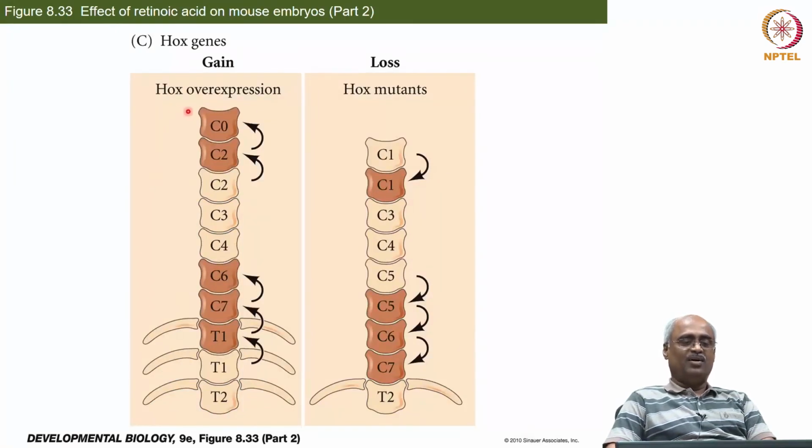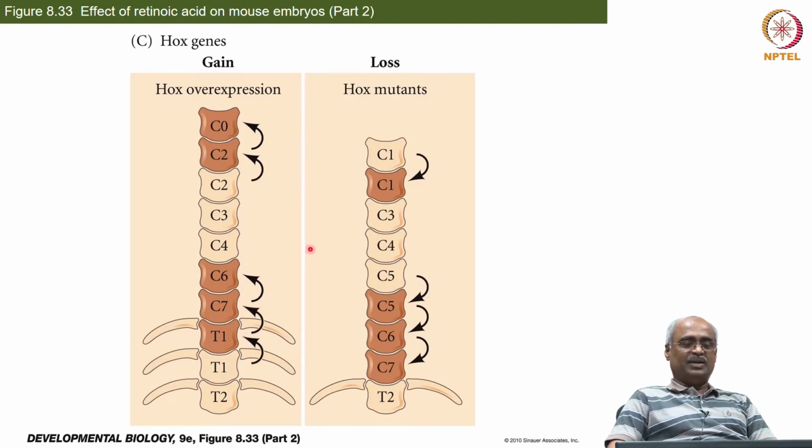So here Hox gene overexpression shifts anteriorly, and Hox gene mutations shift posteriorly, because I told you the posterior Hox genes try to suppress the expression of the adjacent anterior Hox genes.